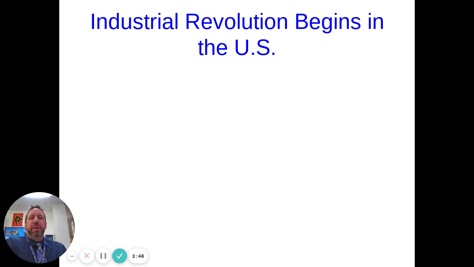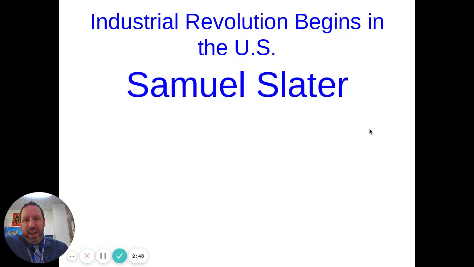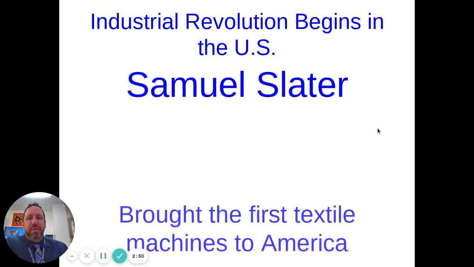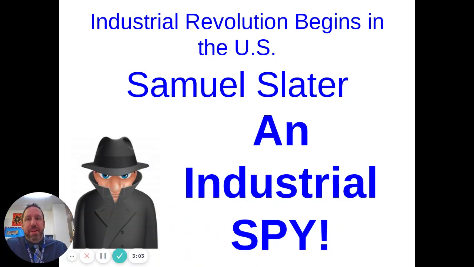So in America, it primarily begins by one person, Samuel Slater. Samuel Slater brings back the idea of the first textile machines to the United States. Well, how's he able to do this when I just mentioned that Britain was very secretive in regards to how they work? Well, essentially, Samuel Slater is an industrial spy. He stole the plans to these machines.